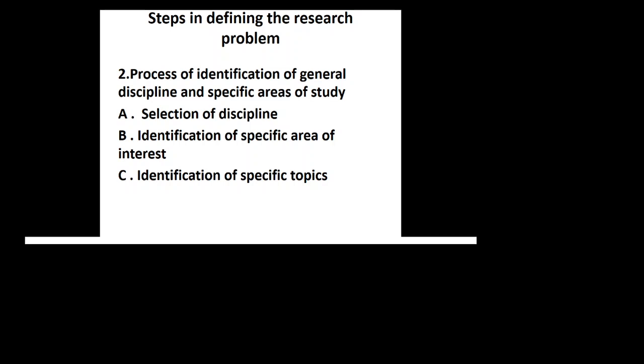Second is the identification of special or specific area of interest. So a particular aspect wherein not much research is conducted, there is some novelty, there are some fluid changes occurring in that specific area, that should be identified and you can choose it.